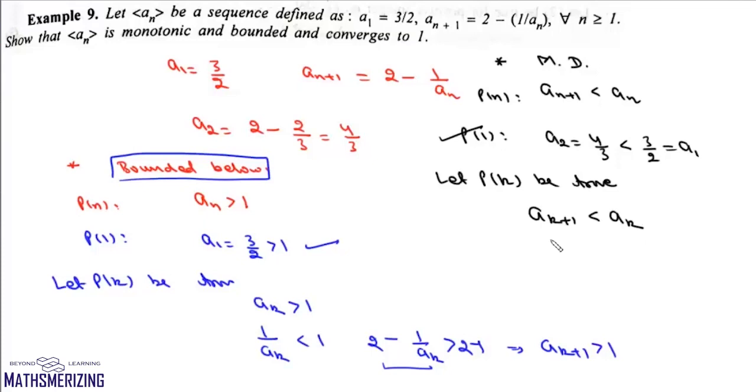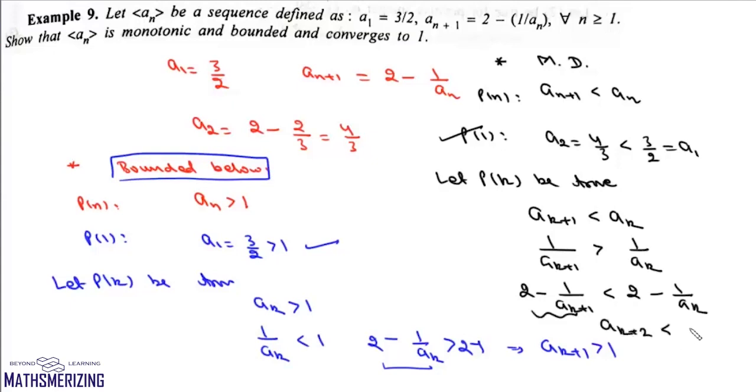Now if we take a reciprocal, we can write 1 upon aₖ₊₁ will be greater than 1 upon aₖ. Now we multiply with the minus sign and then add 2. We can write 2 minus 1 upon aₖ₊₁ will be less than 2 minus 1 upon aₖ. This is nothing but aₖ₊₂ and it is less than aₖ₊₁.